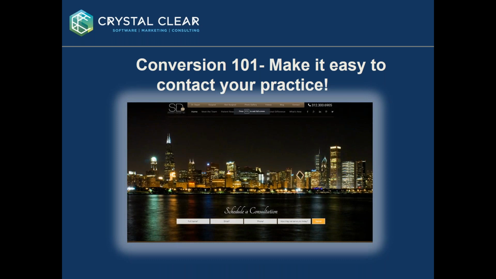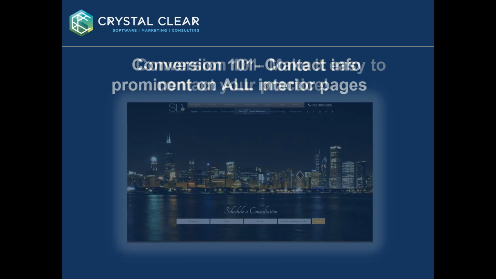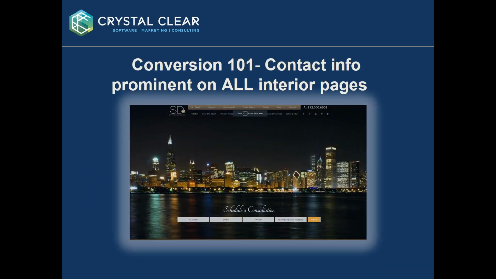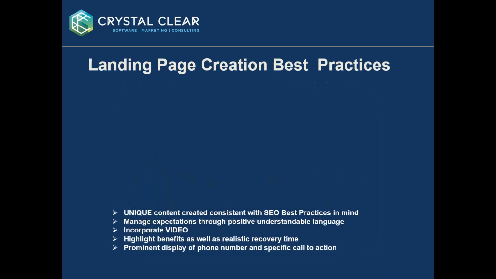And 6 times out of 10, the practice, whether it be on the phone or on the website, is not taking that information in a way that converts at the highest rate, retains at the highest rate, and really does a process that actually converts at the highest level. Contact information is prominent on all pages, like I mentioned. It should be listed everywhere.